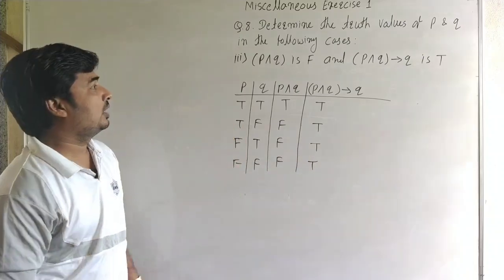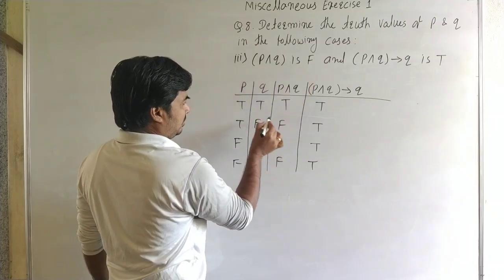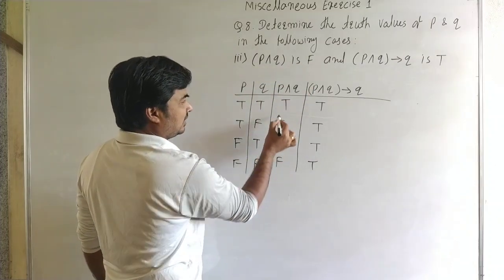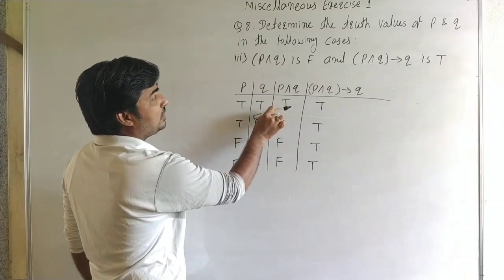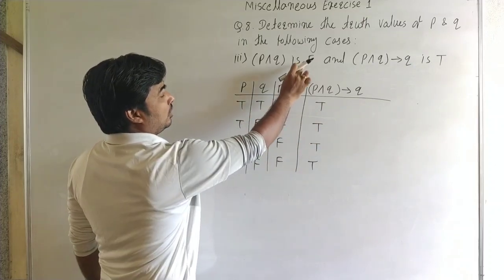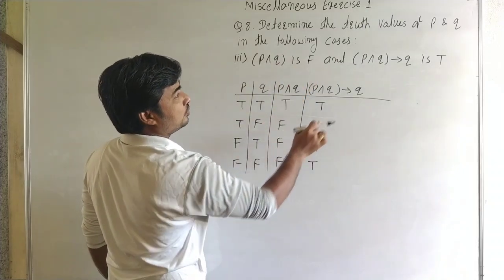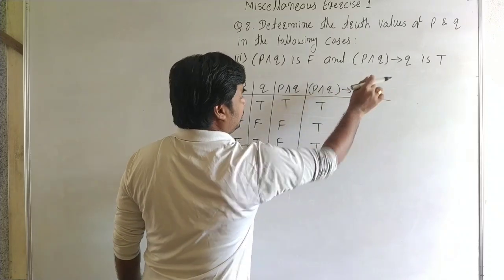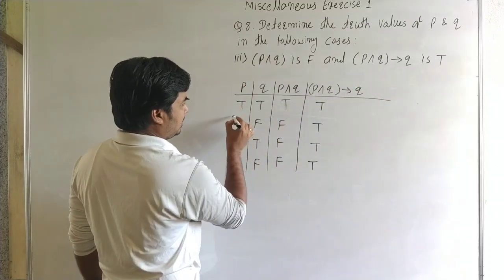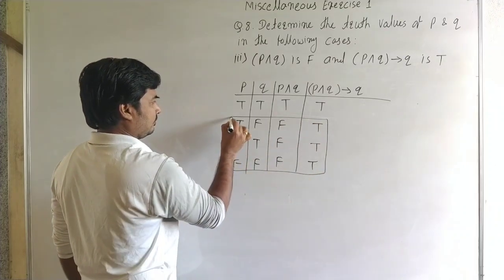Okay, now here first P and Q is false. That means we get three conditions. Here we exclude this condition because here P and Q is true. We want P and Q to be false. Therefore there are three cases, and here P and Q implies Q is true. Again the common three cases are these.